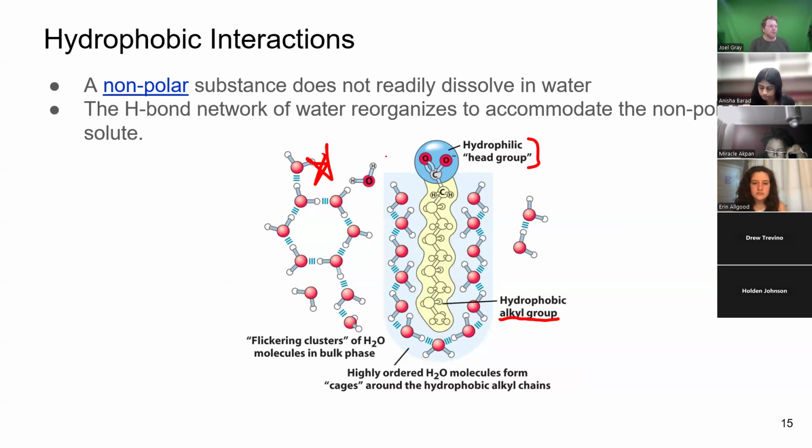The head group, they're fine with that. They like that because it has a negative charge. So these positive charges here and here will be in close proximity to that because they're cool with that.